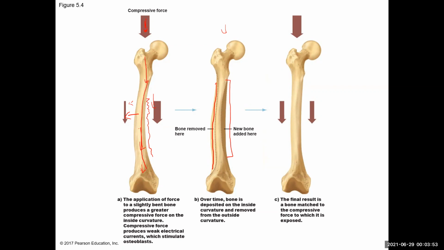And so after that remodeling has happened, because of this compressive force, you now have a bone that is relatively straight that can deal with those compressive forces much better and is actually matched to those compressive forces because it's constantly exposed to that. And so that's kind of how weight bearing exercises increase the strength of our bones and convert this state here that could lead to a potential break to a stronger bone that can deal with those compressive forces.